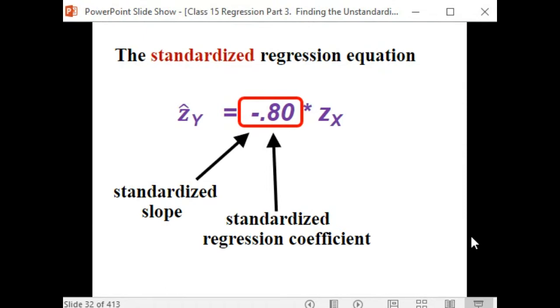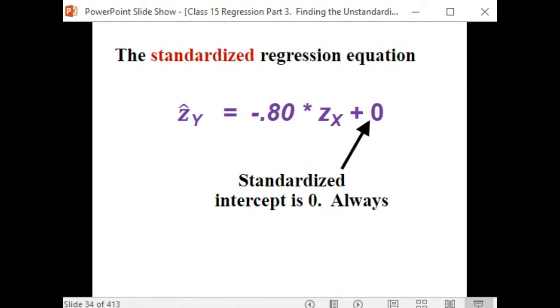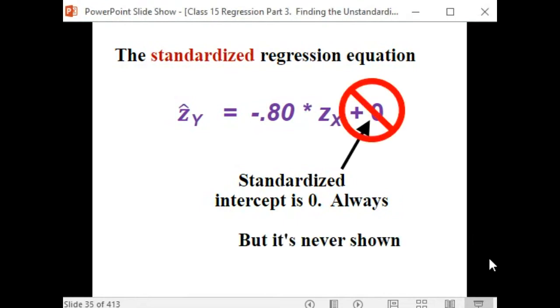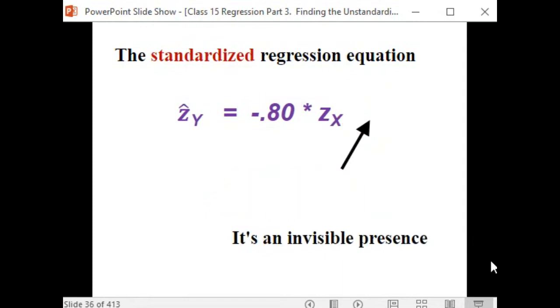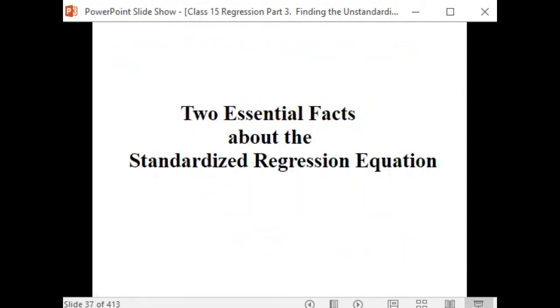Its mathematical symbol is the Greek letter beta. Now, the intercept of a standardized regression line is 0, always. But the 0 is never shown. It's an invisible presence.